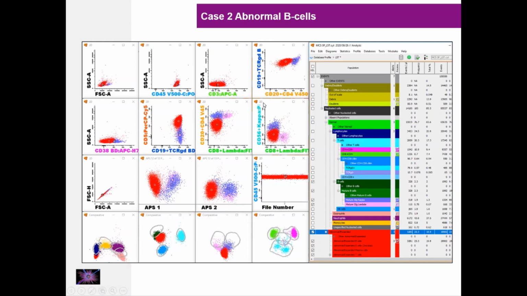And when we look at light chain expression, we can see there's a dim expression of kappa, or sometimes we may even not be sure whether the cells expressed membrane light chains. In this case, we shall see what the software, the report, will tell us about these cells.